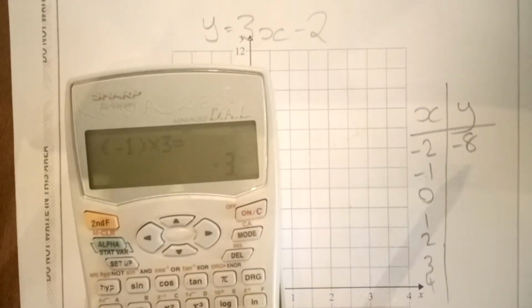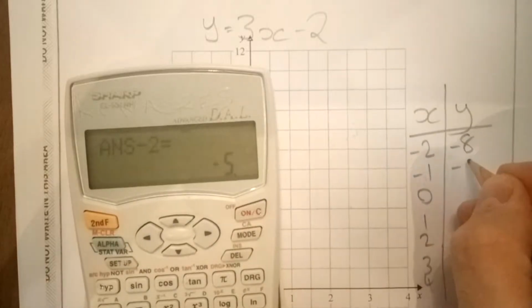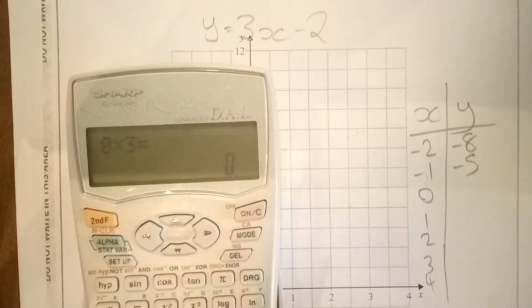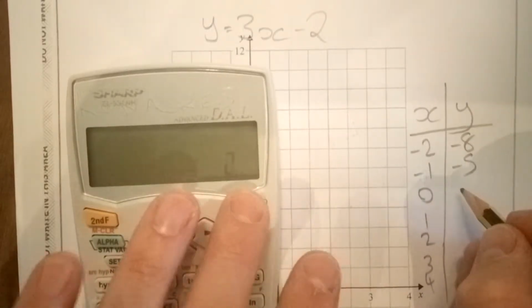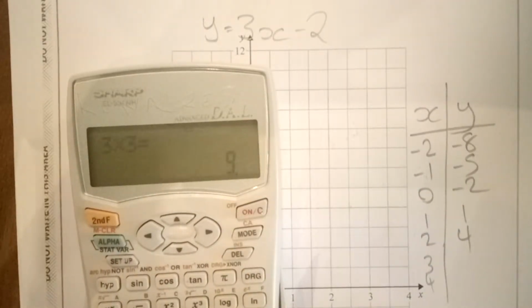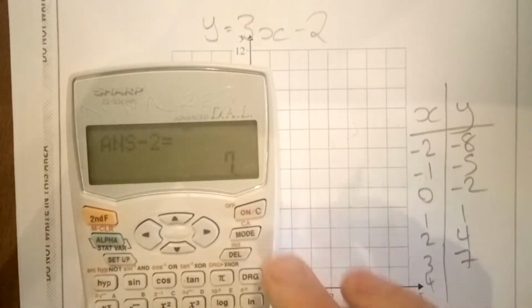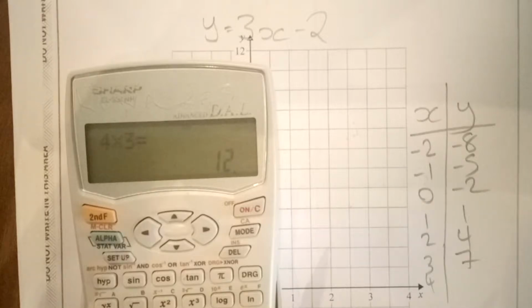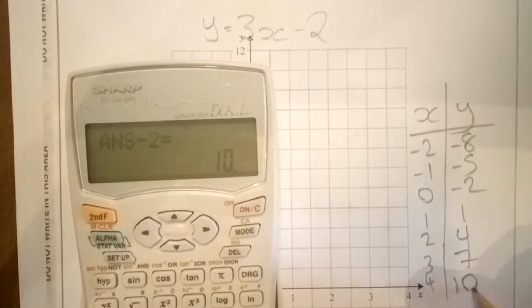Negative 1 times 3 minus 2 equals minus 5. 0 times 3 is 0, minus 2 equals minus 2. 1 times 3 is 3, minus 2 is 1. 2 times 3 is 6, minus 2 is 4. 3 times 3 is 9, minus 2 is 7. 4 times 3 is 12, minus 2 is 10.